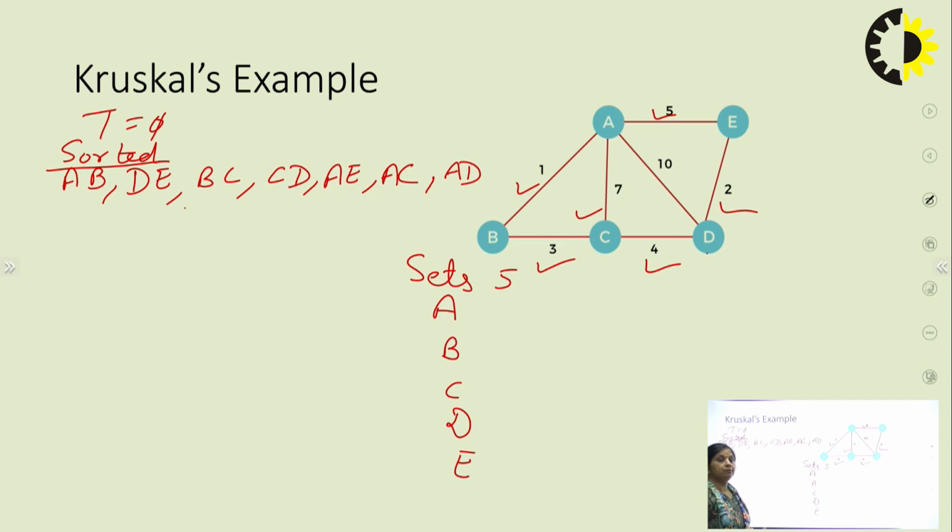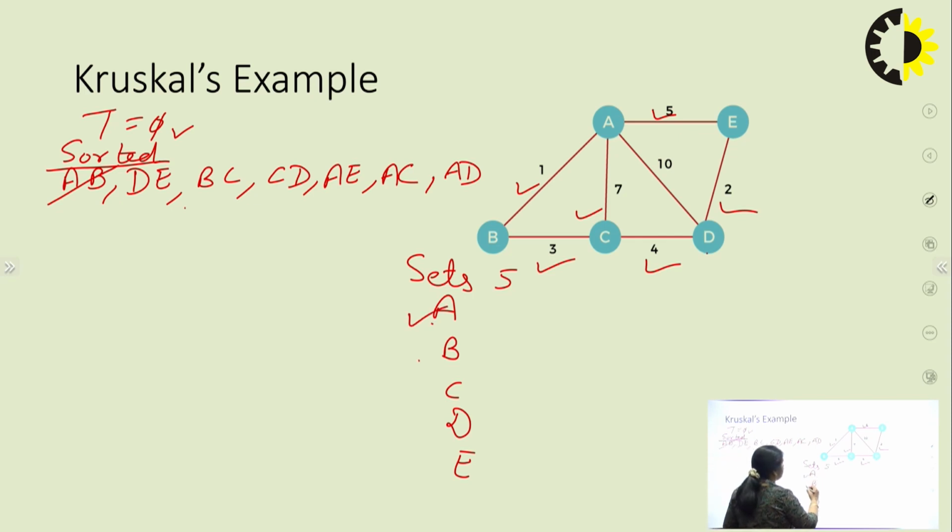Now what we will do, we'll consider the edge with minimum cost, and we will add that edge to the tree, which is empty initially, if it doesn't form a cycle. How do we check whether it is forming a cycle or not? We are checking whether their endpoints are in disjoint sets or the same set. So what is my first edge? AB. I considered the first edge AB. Now I will check whether it will form a cycle or not. How? Whether these are in different sets or not.